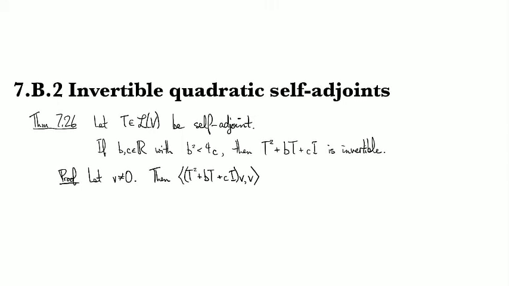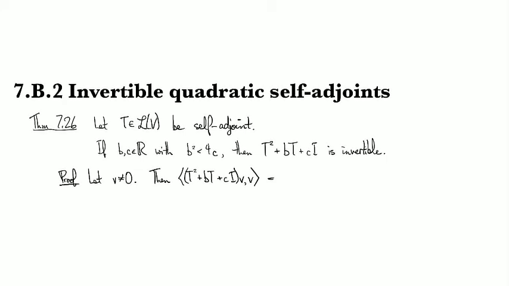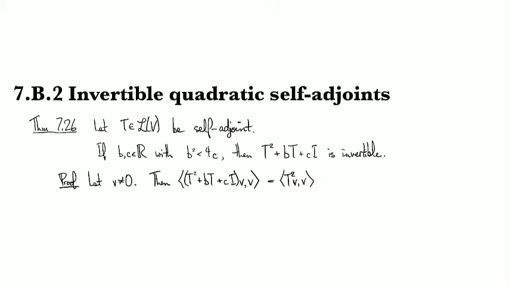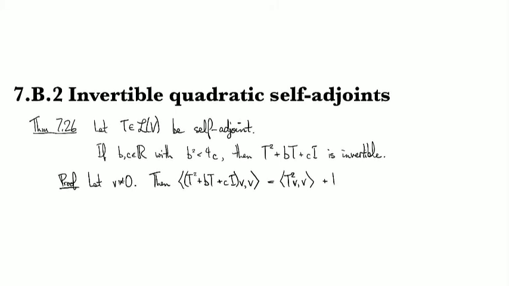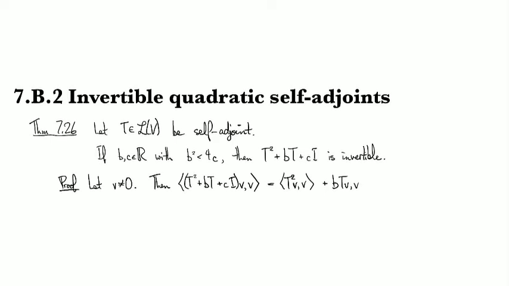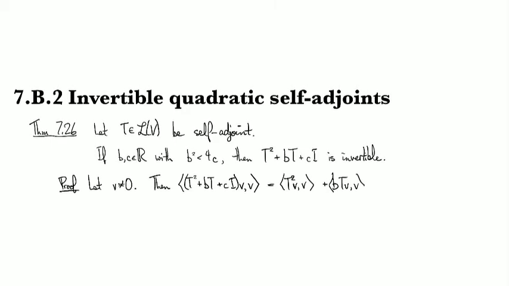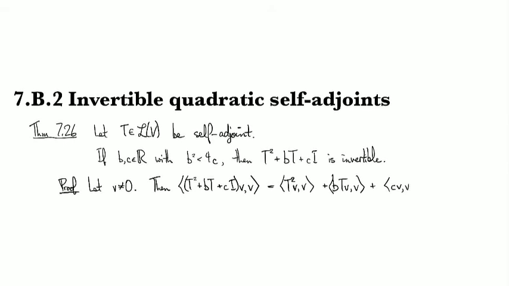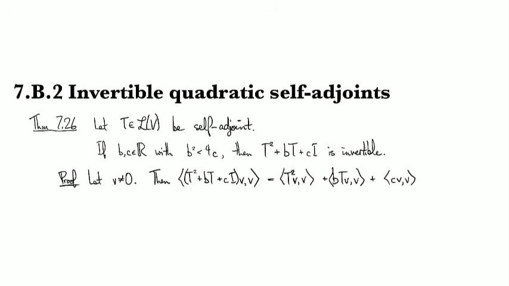So using linearity, we can break this apart into the T squared v term, and then the bT term, and then the c term.